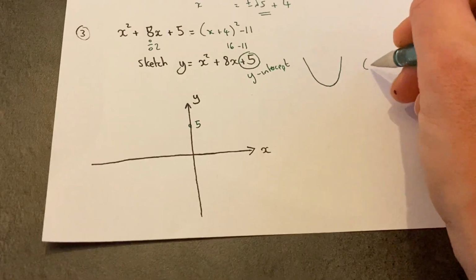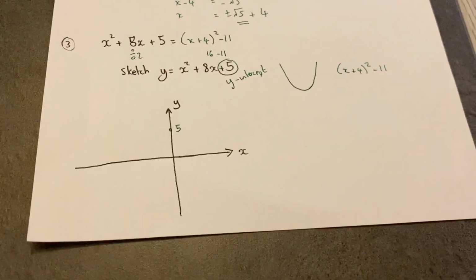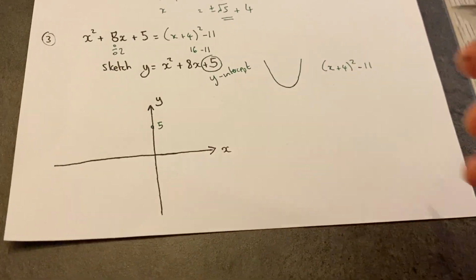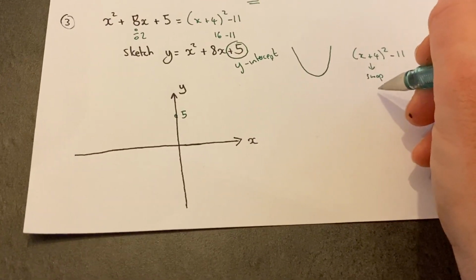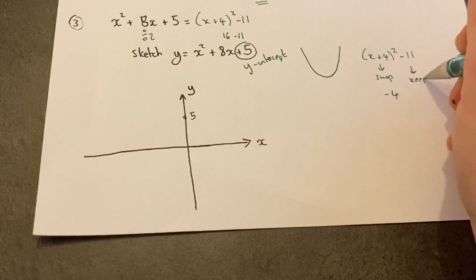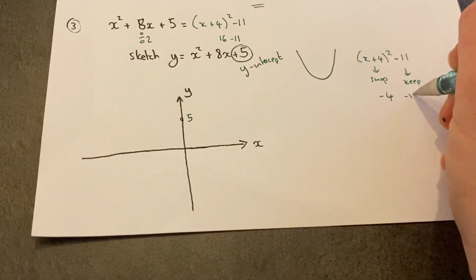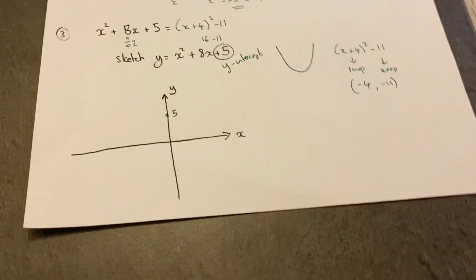And it comes from the x plus 4 squared minus 11. Now the quick method to work it out is we swap the sign in the bracket to get, in this case, -4, and we keep this sign. So we keep it as minus 11. And this is actually the coordinate of the bottom of the graph.